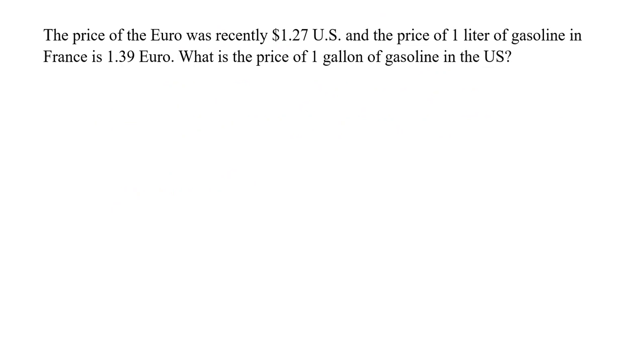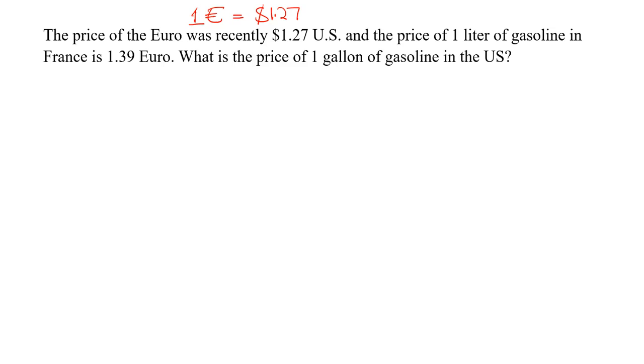So if you see a problem like this one, look for the conversion factors. Here, the price of the euro, which means 1 euro, is equal to 1.27 US dollar. So that is the first conversion factor.